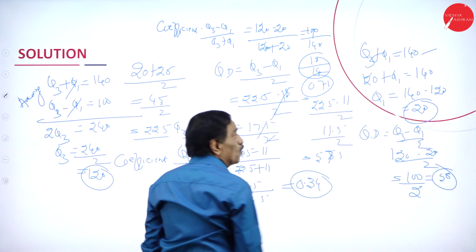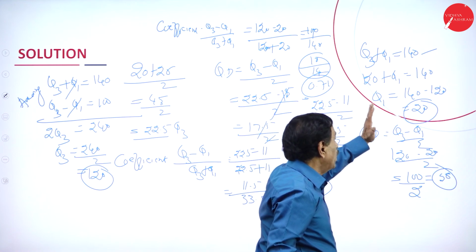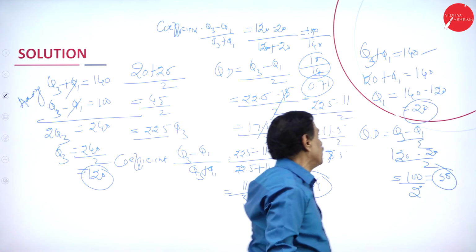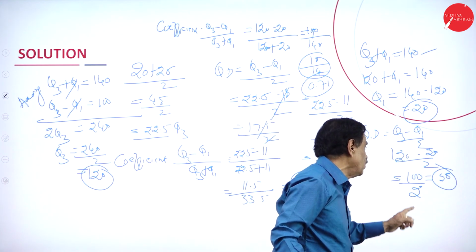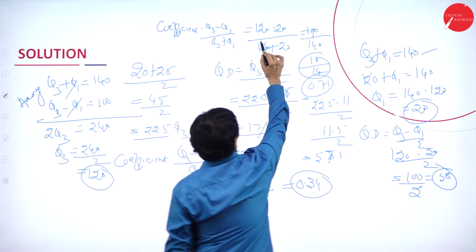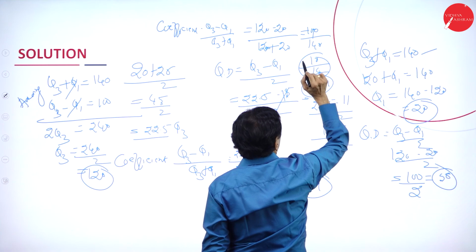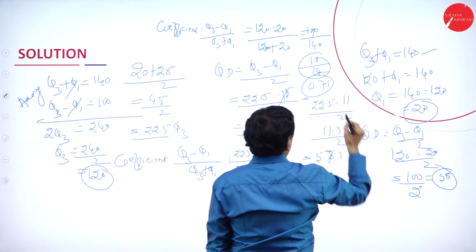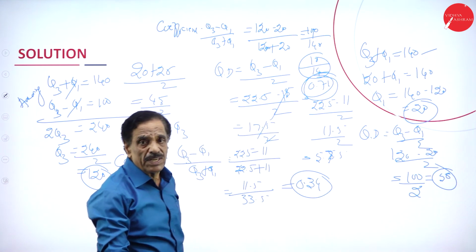What is your Q3? 120 plus Q1 is equal to 140. Q1 is equal to 140 minus 120 is 20. Apply. Quartile deviation is equal to Q3 minus Q1 divided by 2. This is 50. Coefficient of quartile deviation: 120 minus 20, 120 plus 20. So 100 divided by 140, it works out 0.71. If you simplify this, 10 divided by 14, 0.71 is the coefficient.